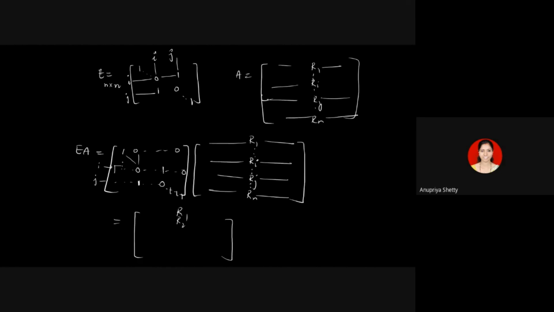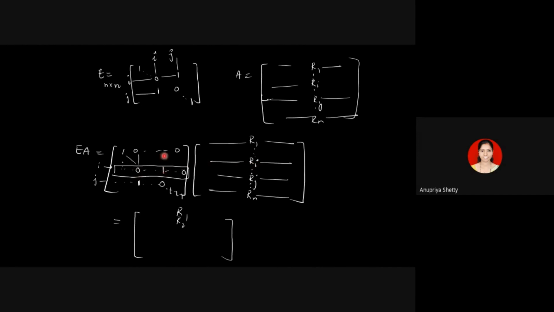What will happen to the ith row? When this ith row is multiplied with the columns of the matrix, with the first column, what do I get? 0 into the first entry, 0 into the second entry, 0 into this entry, and so on.